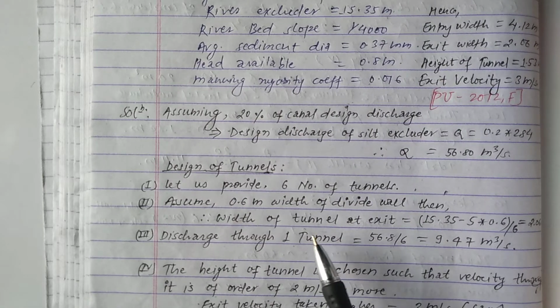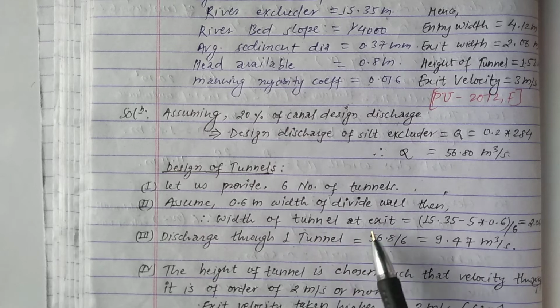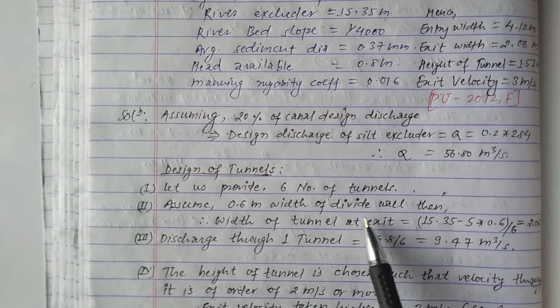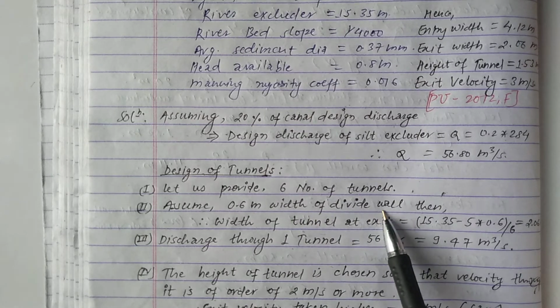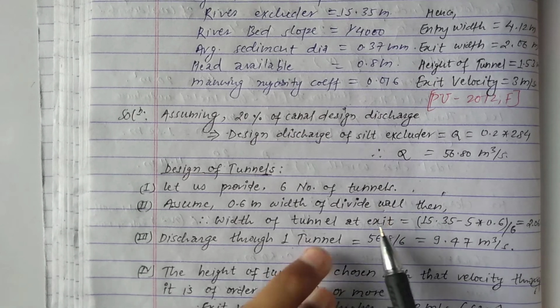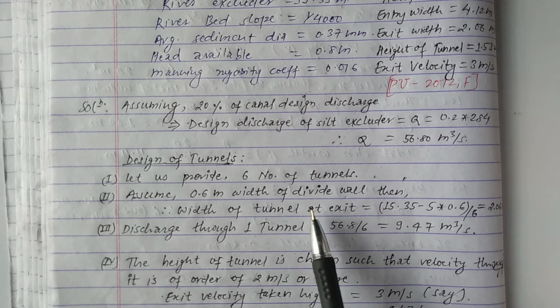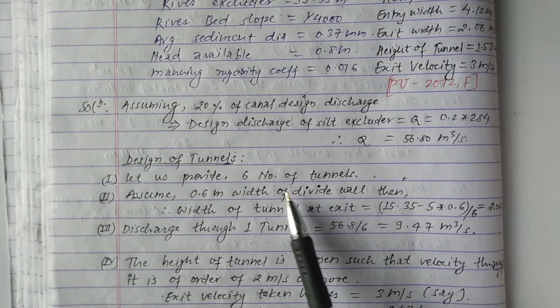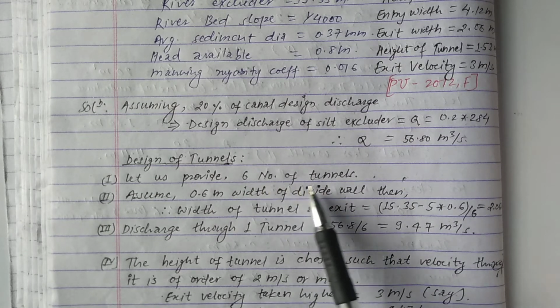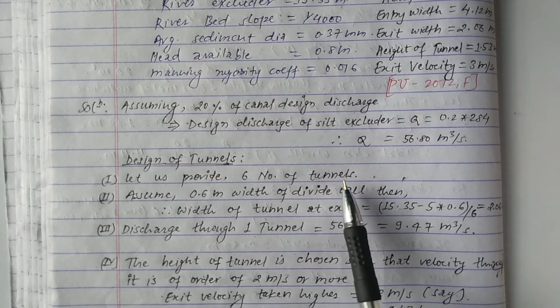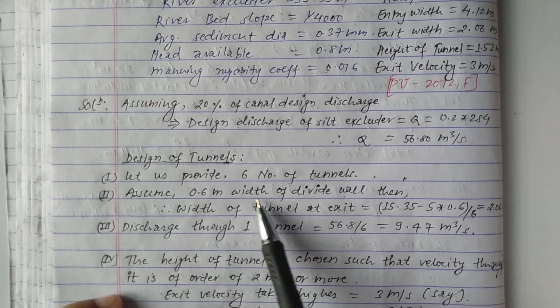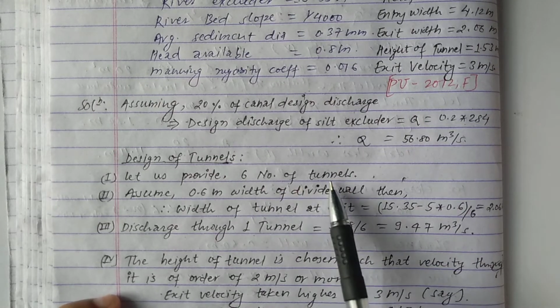For the width of tunnel at exit, we have to minus this width of divide wall. As we already discussed, we are going to provide 6 tunnels. That's why we have to minus this width into the number of tunnels.